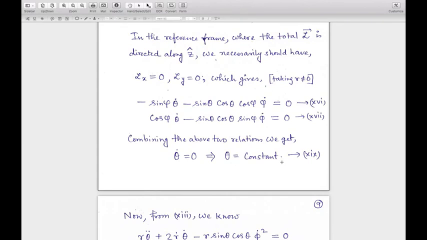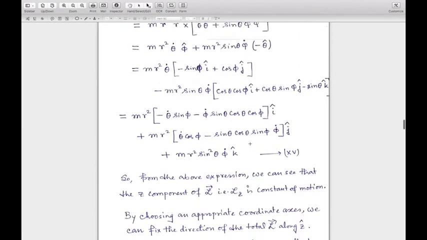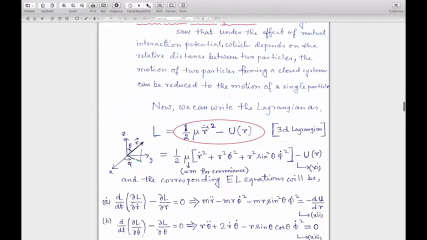So theta dot is 0, so theta is constant. After this rotation of the coordinate axis, we are in such an orientation where the total angular momentum is constant and directed along z direction. What is the meaning of theta constant in general? Think in terms of the spherical polar coordinate system. Theta constant simply says that it will be a plane with a given co-latitude.